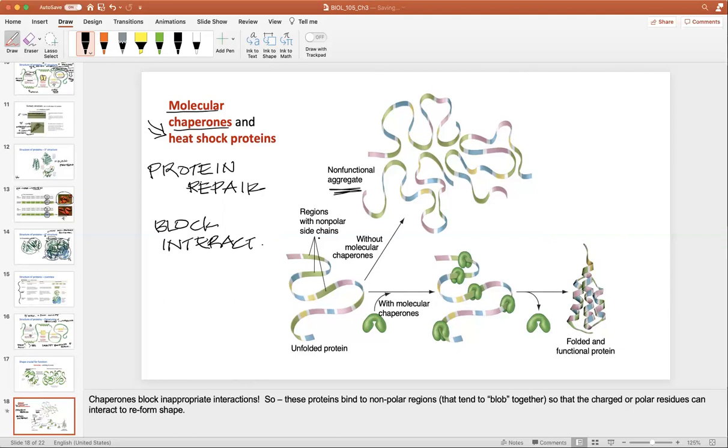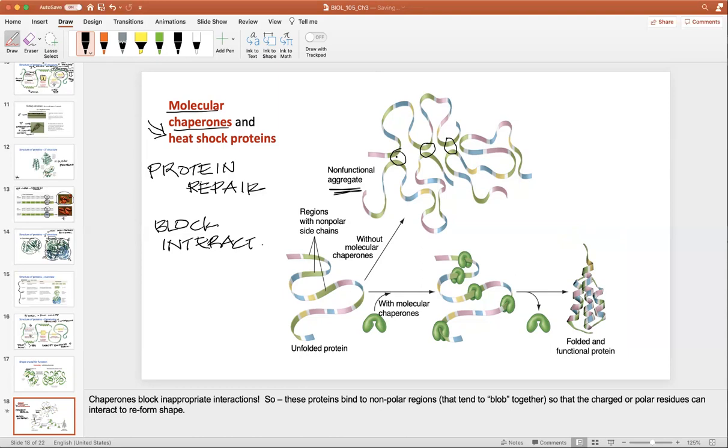What these molecular chaperones and heat shock proteins do is they try to find the regions on your primary structure that are nonpolar, okay? And the reason that they do that is because remember me telling you how nonpolar oil droplets want to combine together to make a larger oil droplet because they're not water soluble? Well, if you unfold these proteins, notice that you're going to have these nonpolar regions trying to coalesce together to form, think of them as oil droplets because they're not water soluble.